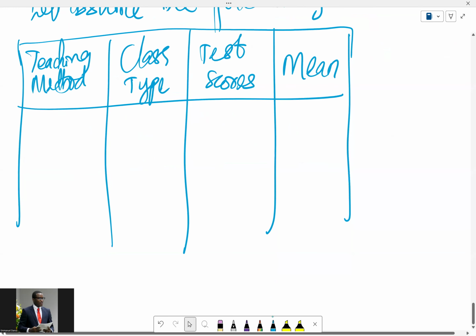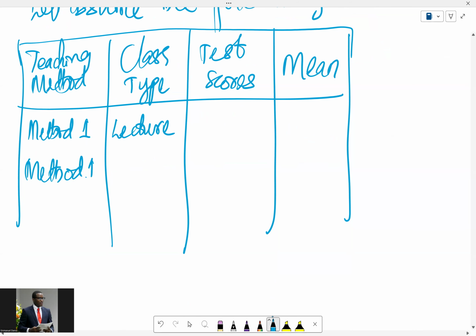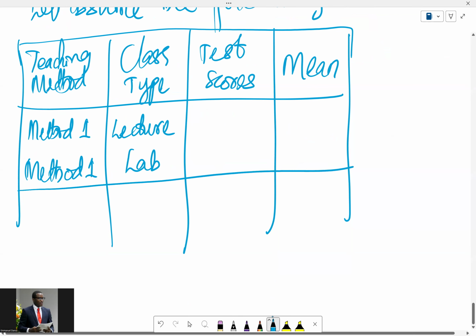Imagine for teaching method, we have method one. Now we have to combine across groups. So we have method one for lecture. Let's see how that works. We have method one for lab. So that's method one taken care of.